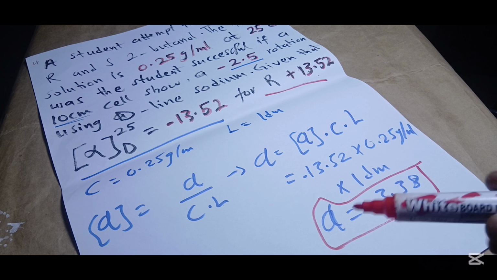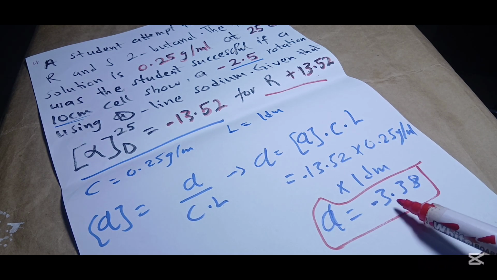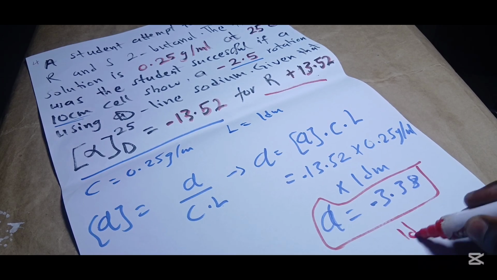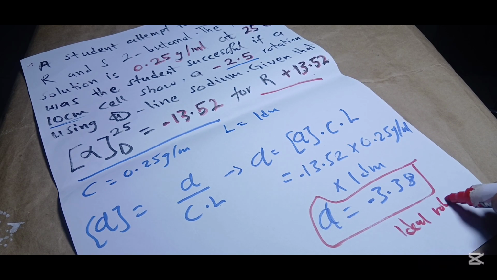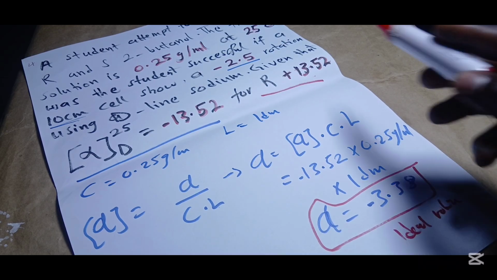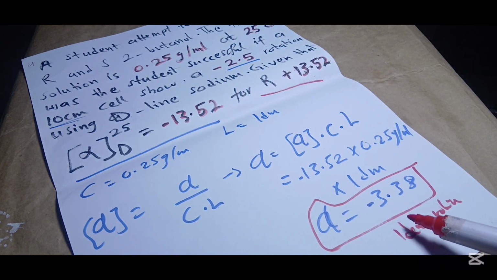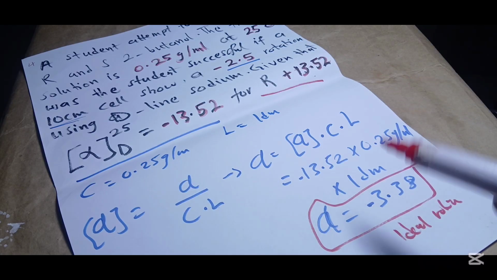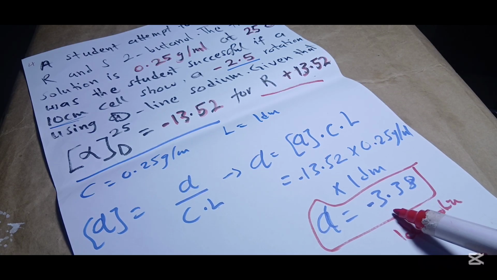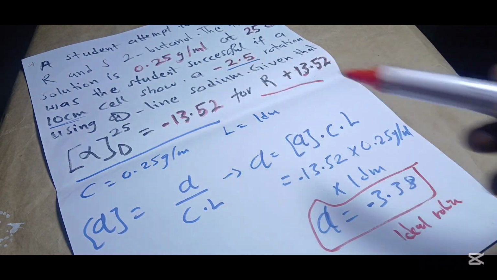So we calculated the ideal observed rotation to be minus 3.38. But the student has his observed rotation to be minus 2.5, which means that the student should have gotten this observed rotation because he wants to separate totally the R enantiomer from the S enantiomer.